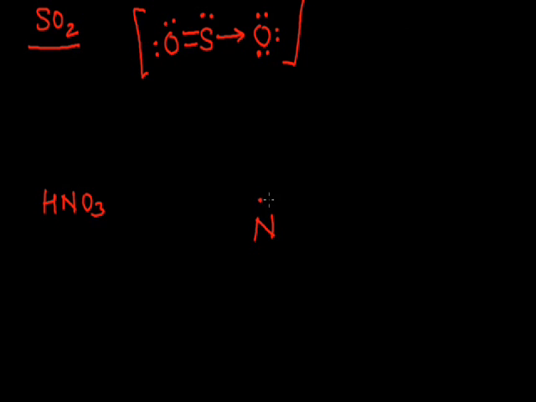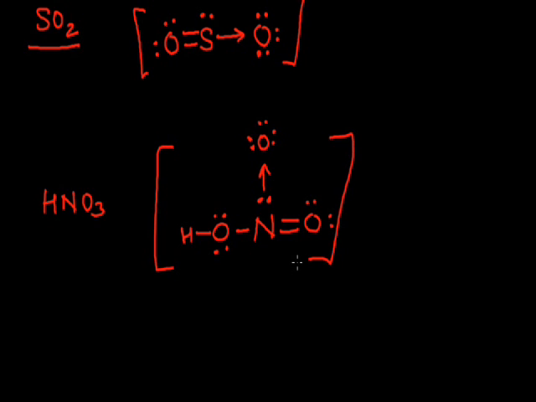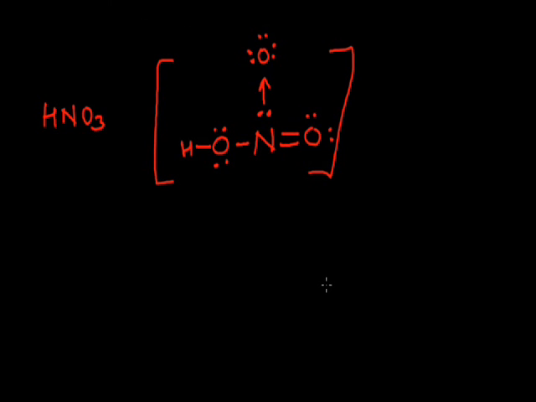Nitrogen having lone pair electrons undergoes covalent bond formation with oxygen atoms, and further donates its electron pair to one of the oxygen atoms like this, hence leading to the formation of the molecule. So this is all about the coordinate bond.